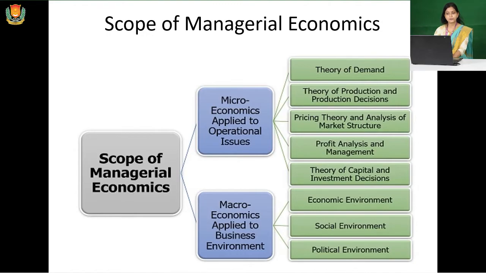But this law of demand is applicable only in the case of normal goods. If we are talking about other exceptions like inferior goods, complementary goods, and substitute goods, at that time it is not applicable. So this is the theory of demand.